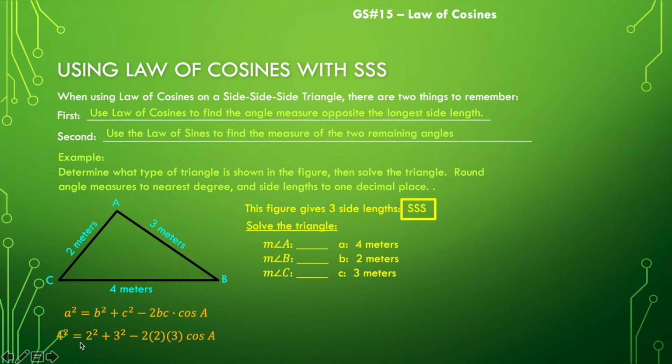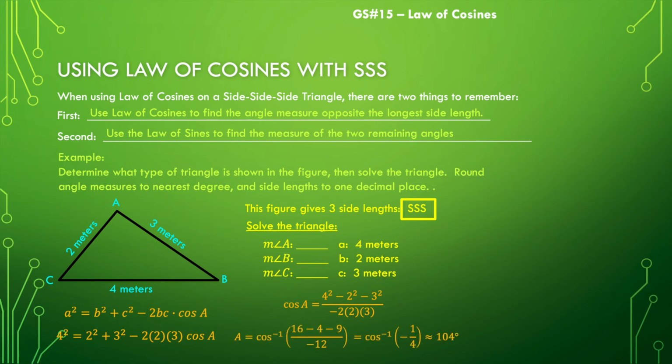So let's do that much first. So we've got cosine of A is equal to 4 squared minus 2 squared minus 3 squared, and then we're dividing out the coefficient of cosine A, so divided by negative 2 times 2 times 3.